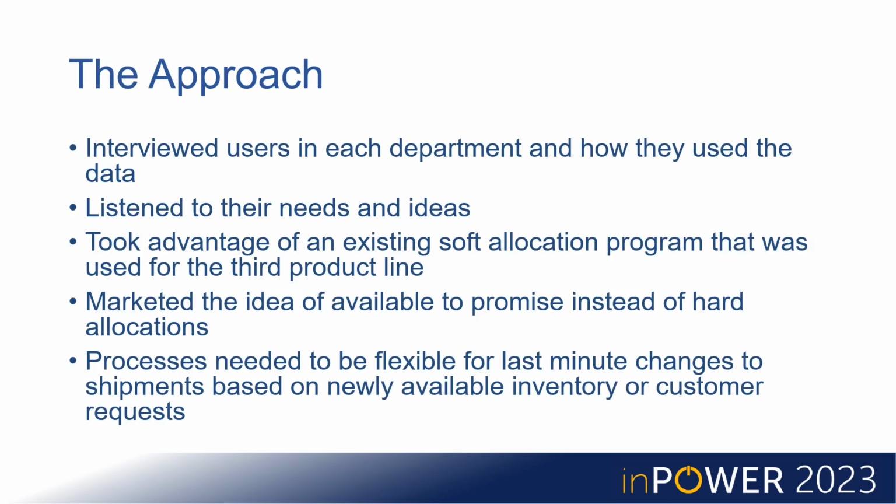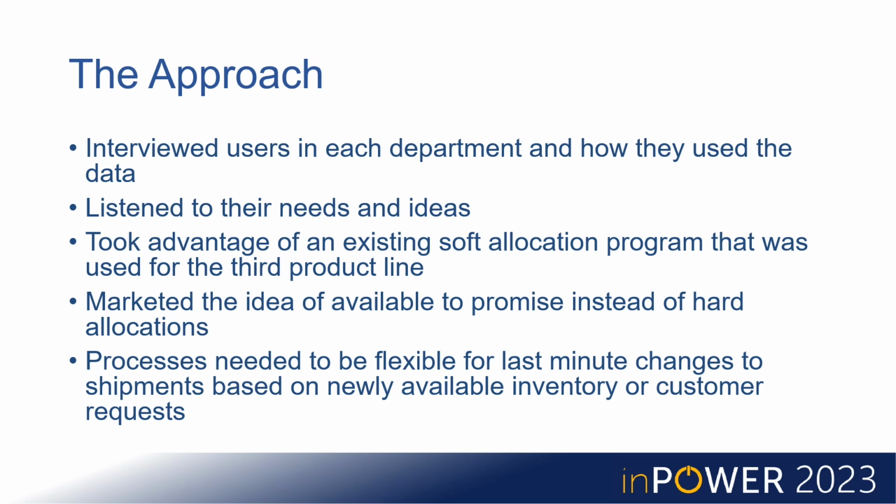So my approach was to interview the users in each department, see how they use the data, and listen to what they needed. I took advantage of an existing soft allocation program that we used for the third product line that wasn't on this distribution system. So I marketed the idea around for available to promise, talked about how much better it was than hard allocations and how much more flexible it was.